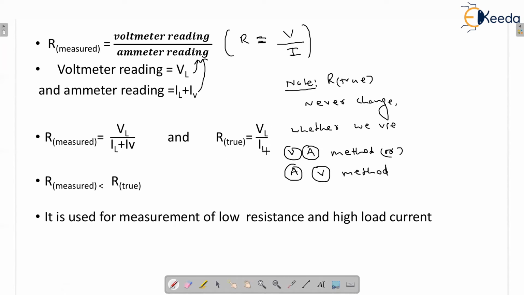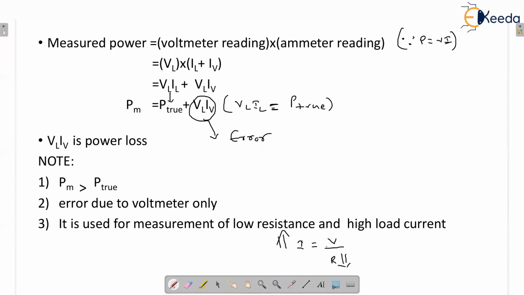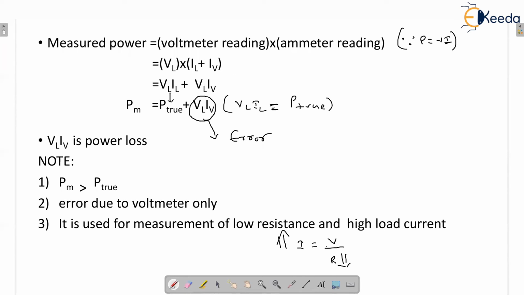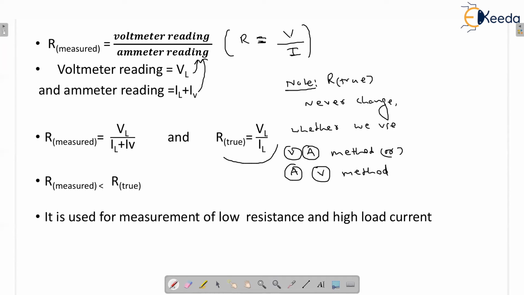True power is VL by IL in this method, and true power is equal to VL by IL in the other. True power is not changing. It is the same in both equations, in both the methods. That is what I mentioned here.